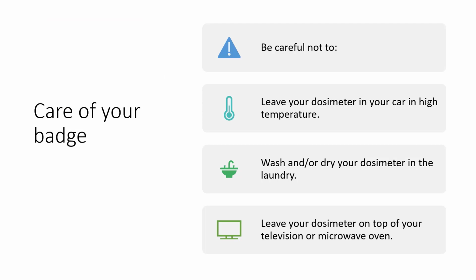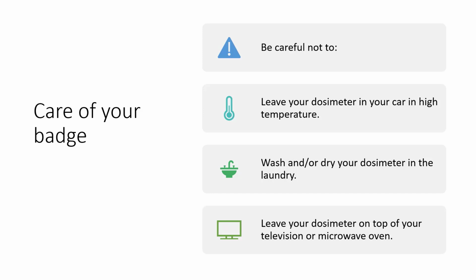When reading the dosimetry badges, we only want to read the ionizing radiation that you've been directly exposed to. This is why the badges are kept in an area where there is no radiation exposure when the occupational worker is not wearing them.